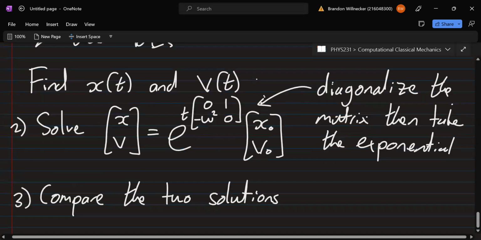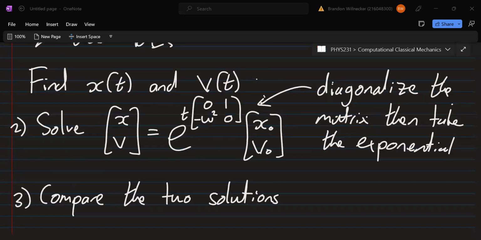Okay, so this is how we can solve these linear differential equations using this time evolution operator, if you want to call it that. However, we're going to be mostly interested in the computational side. So let's have a look at that with our first example on the simple pendulum.